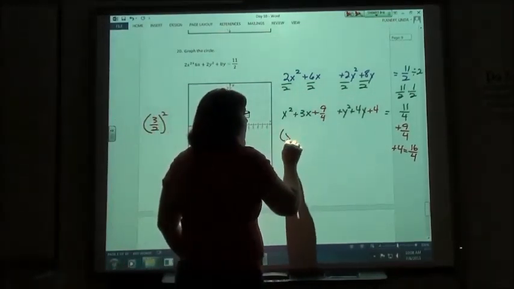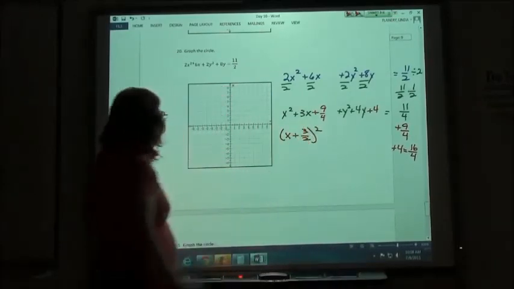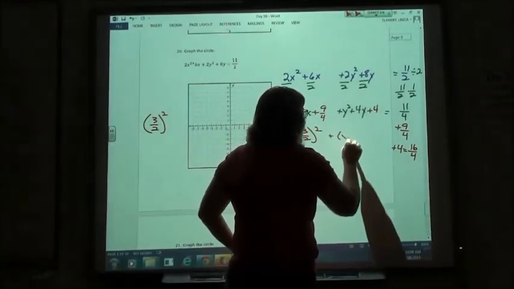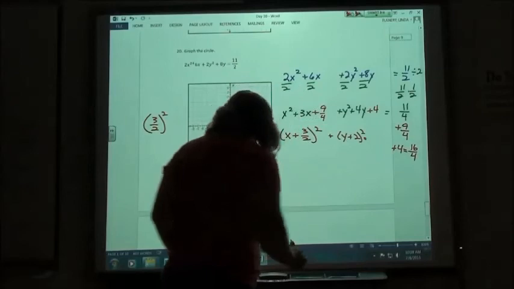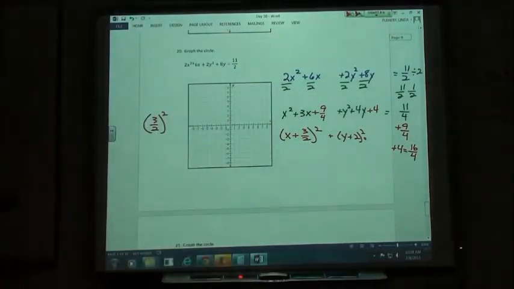So this is going to be x plus 3/2 squared. Remember, that's half of this, that 3/2 that we squared, plus y plus 2 squared equals, and I got to figure out there what my radius squared is going to be. 11/4 plus 9/4 plus 16/4.